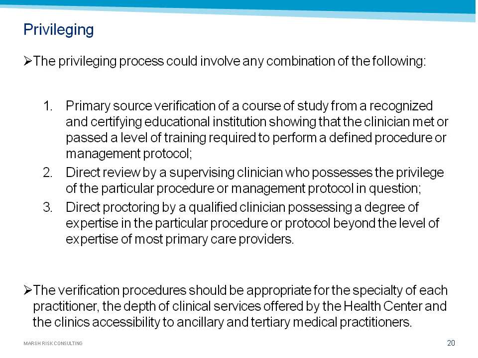Now, the privileging process could involve any combination of the following. You can use primary source verification to prove that the provider passed that certification or training, or a supervising clinician with a particular skill set could do a direct review for a provider, or direct proctoring can occur, where you're actually training someone and watching someone do a specific procedure.